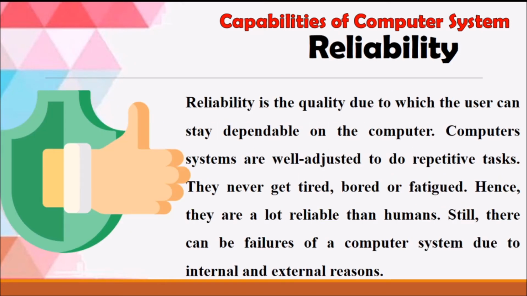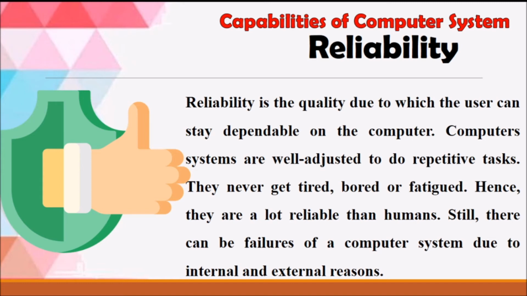Another point is reliability. You know very well, reliability is a quality due to which the user can stay dependent on the computer. Computer systems are well adjusted to do repetitive tasks, and they never get tired, bored, or fatigued.